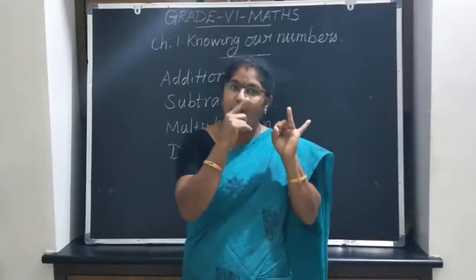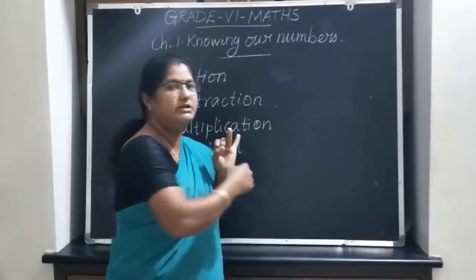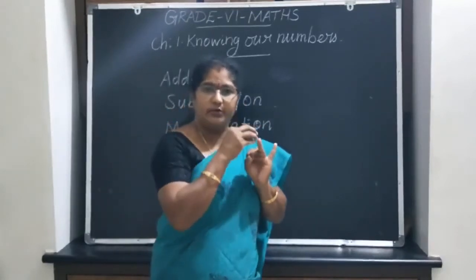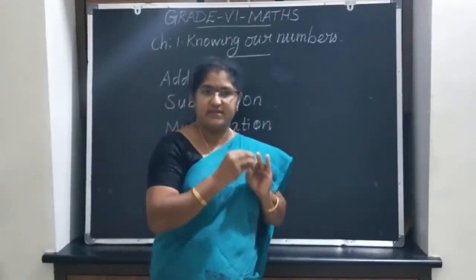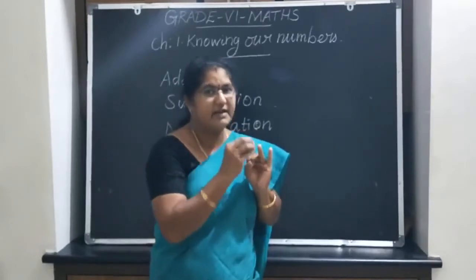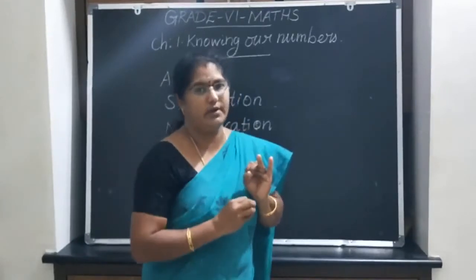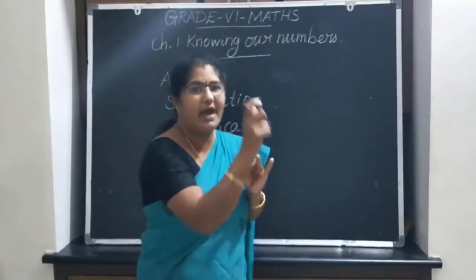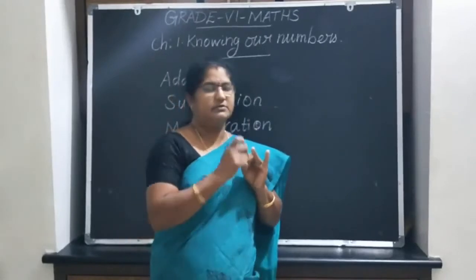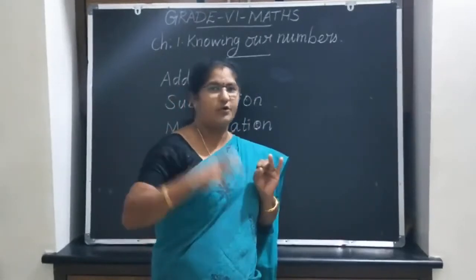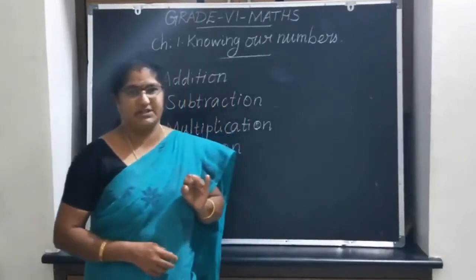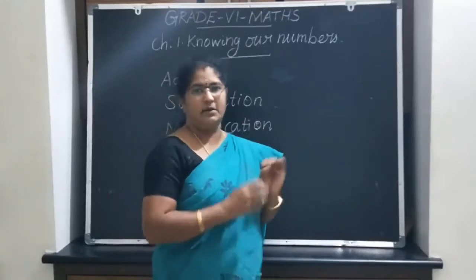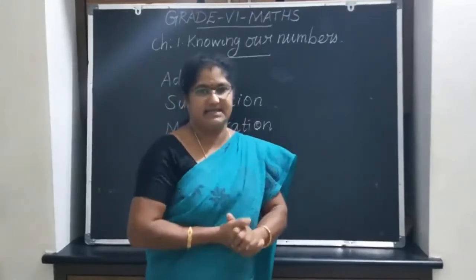After that, you have to identify what operation you are going to do for that problem. Once you clearly understand the question and its words, you can identify which operation to do, whether it is addition, subtraction, multiplication or division. Then the next one, application: how to apply the operation to the numbers, solve and get the result.